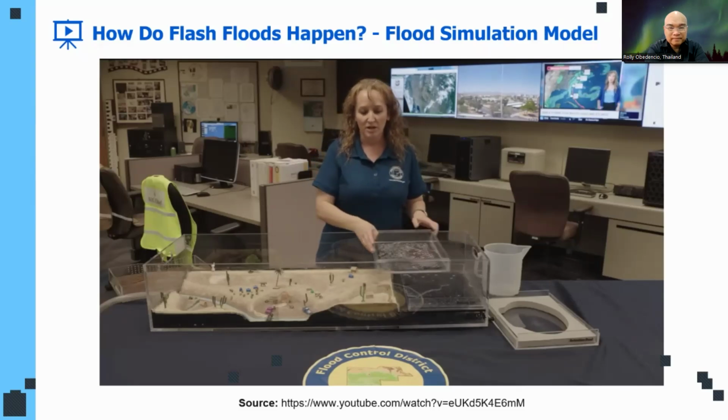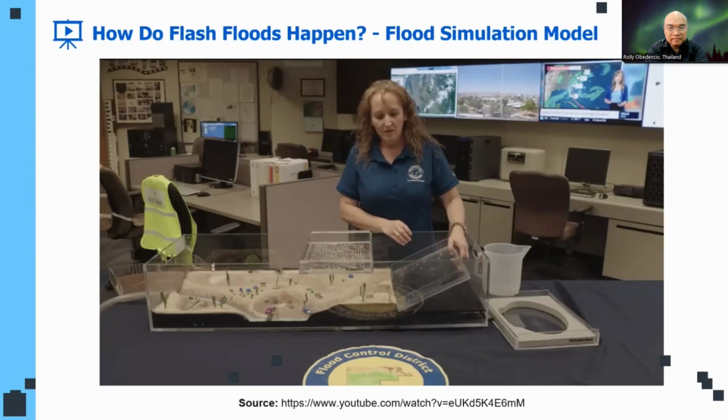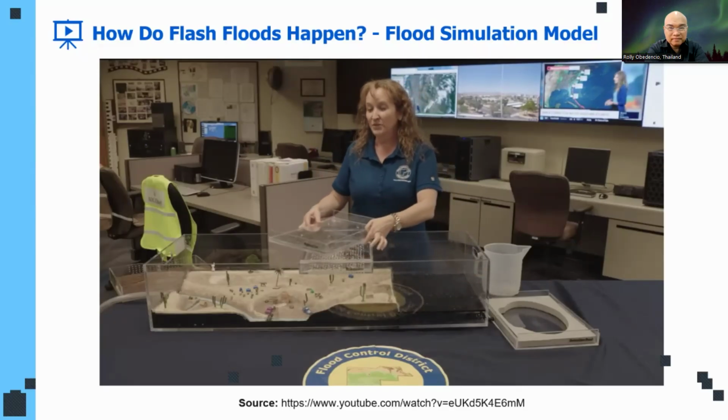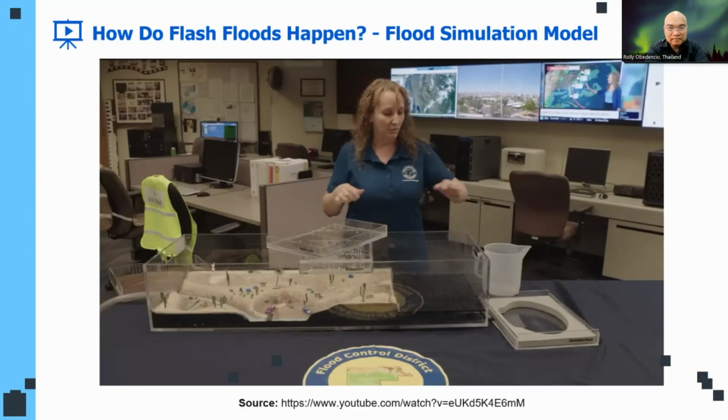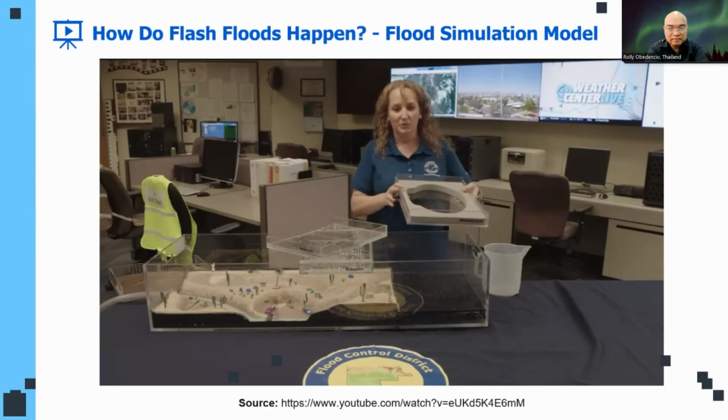So we want to make sure that we're not crossing those flooded roads when it rains hard like that. So here at Flood Control, we have lots of different professionals that work for us. We have engineers who design and build things.